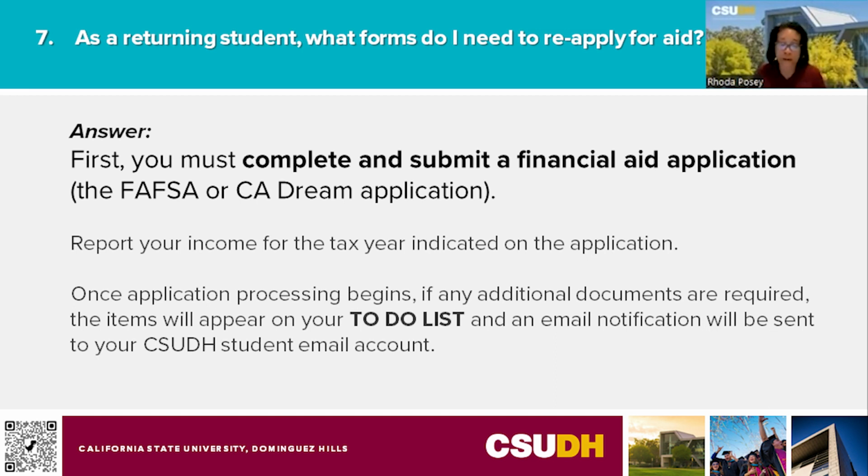And lastly, once the application processing begins, if there's any additional documentation needed, the items will appear on your to-do list, and we will also send you an email notification. It'll be a generic notification to your CSUDH student email account, just alerting you that we need something else from you, and it will direct you to go to your to-do list. When you go to the to-do list and click on the little more link, it'll give you the details of the items that we're requesting.